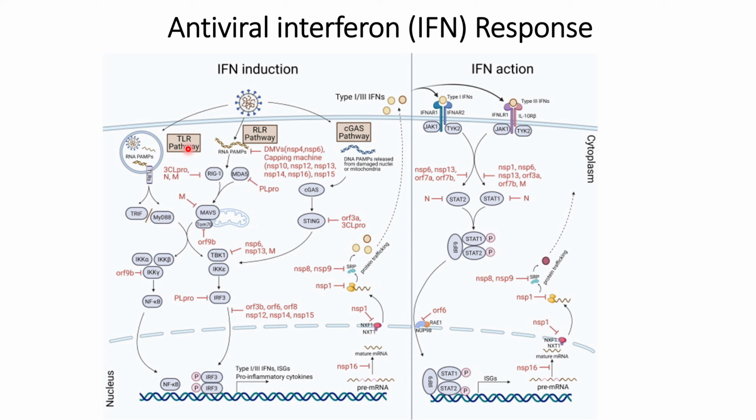The first is the toll-like receptors, then the RLR pathway, and the cGAS pathway.